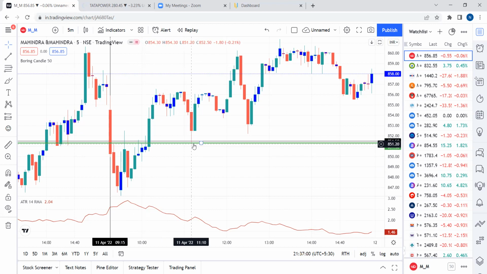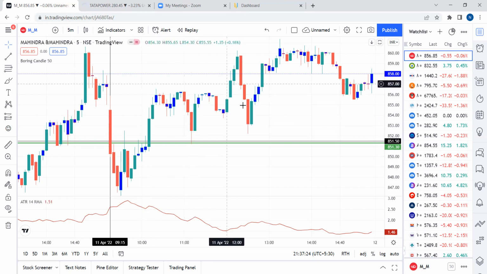This is one of the first primary criteria for analyzing the pattern: the zone has to be fresh. Fresh means the market shouldn't have come here before.